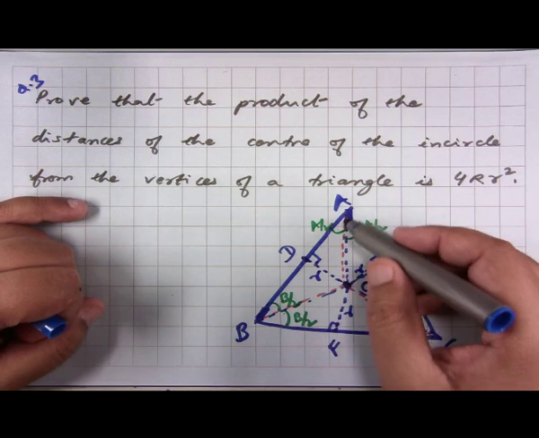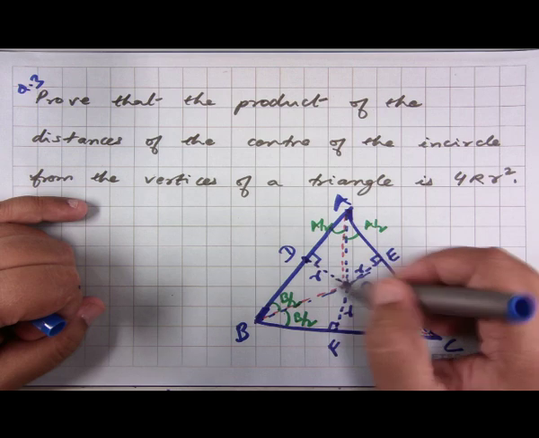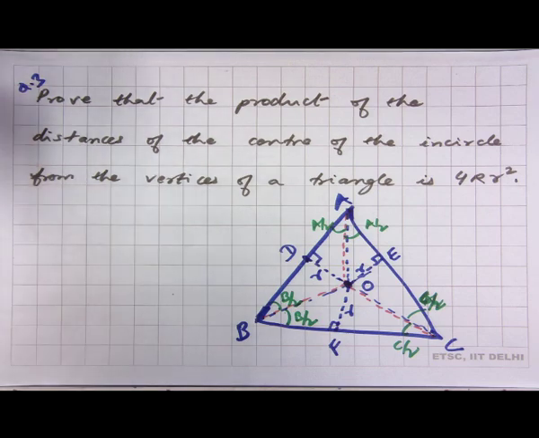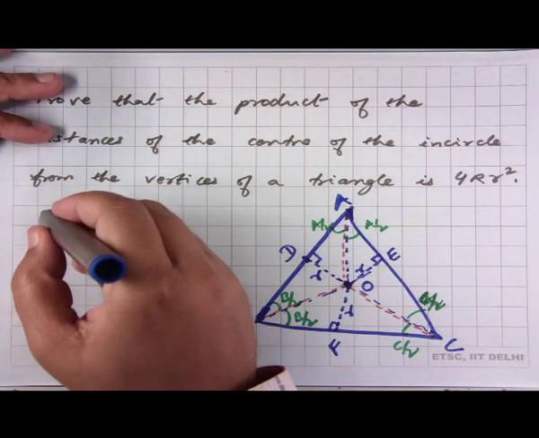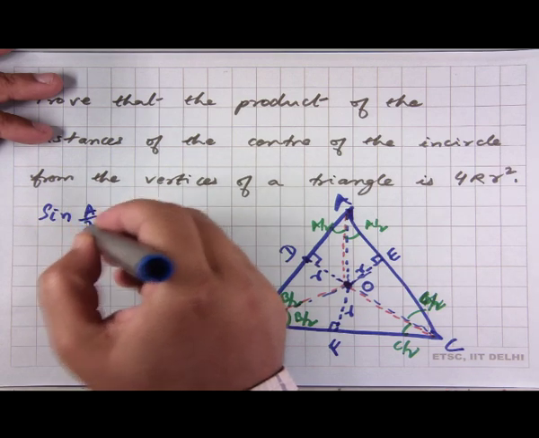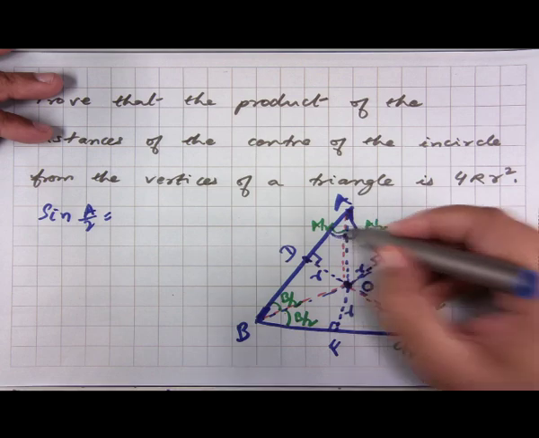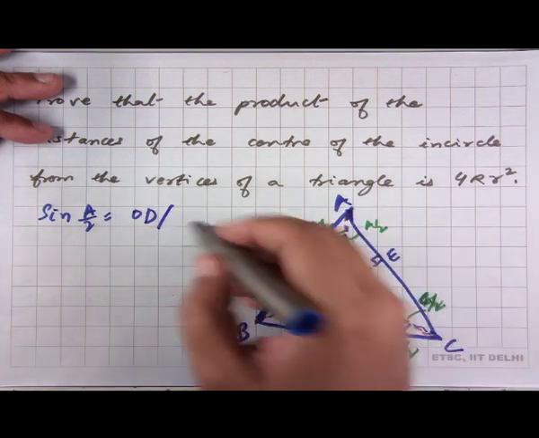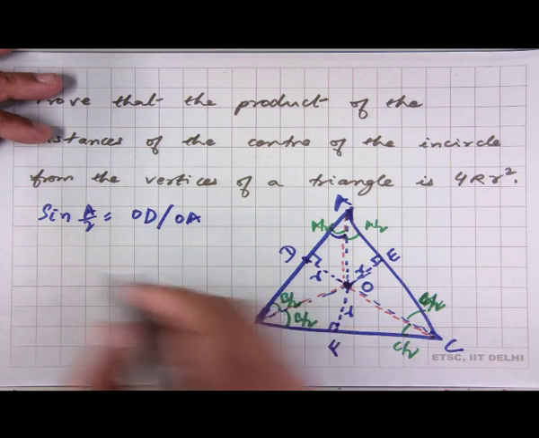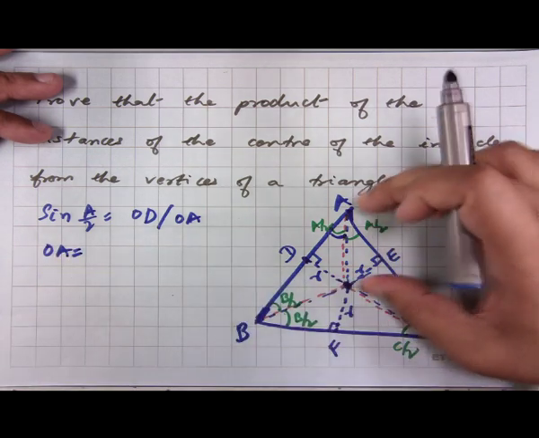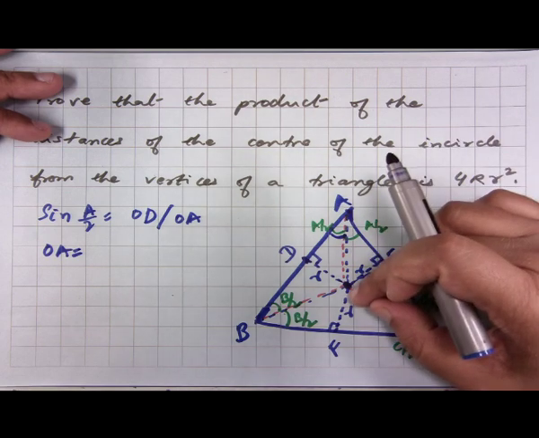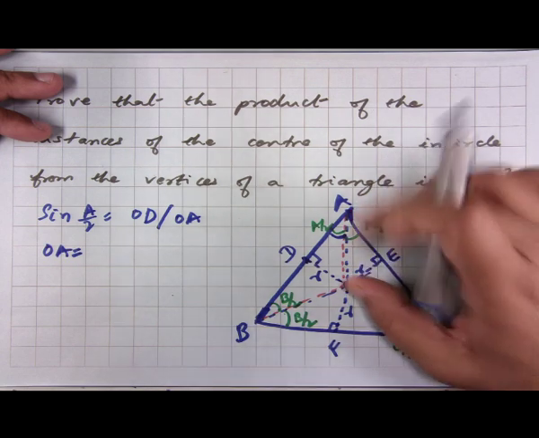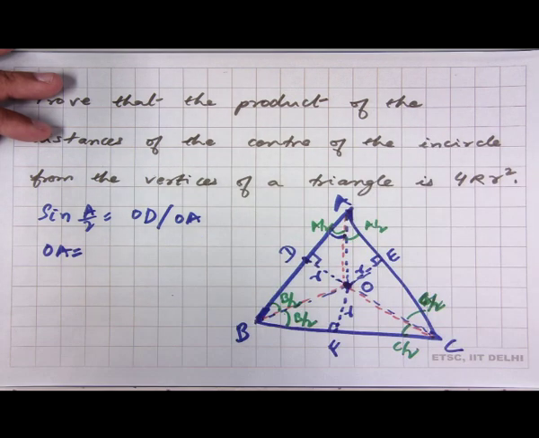Let us now consider this right angle triangle ADO. From this right angle triangle ADO, we get that sine of A by 2, the sine of this angle here, is equal to OD upon OA, and therefore OA, which is the distance between the vertex A and the center of the incircle, is the first length.